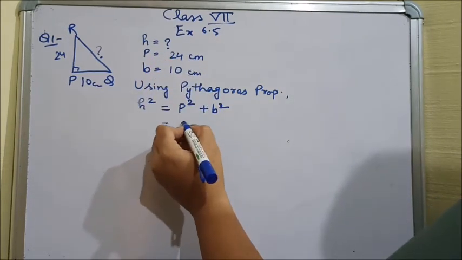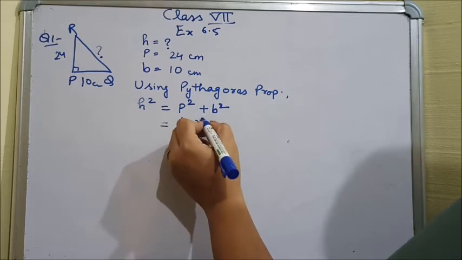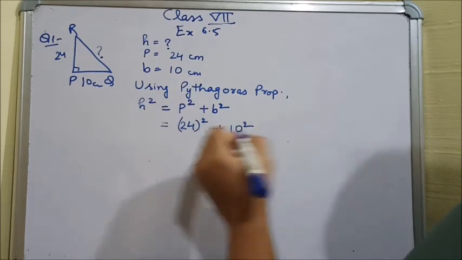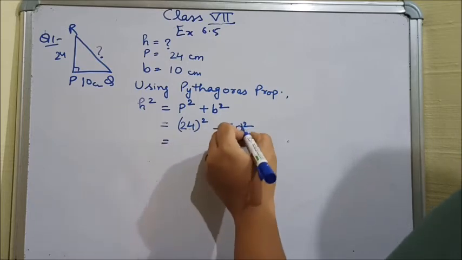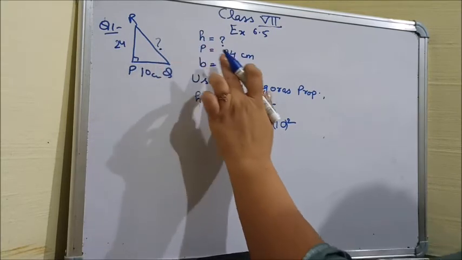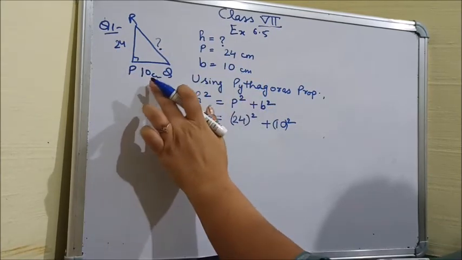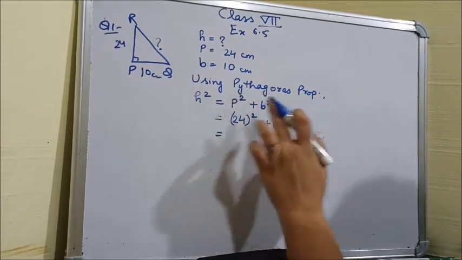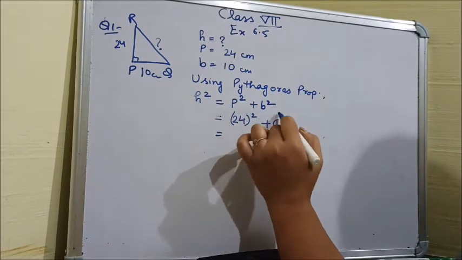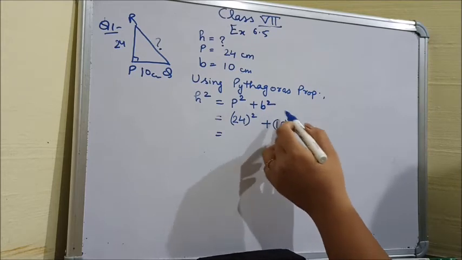P is 24 square plus B, base, is 10 square. In this, hypotenuse we have to find out. Perpendicular is given 24 and base is 10 centimeter. Using Pythagoras property, h square is equal to p square plus b square. So p is 24, b is 10.